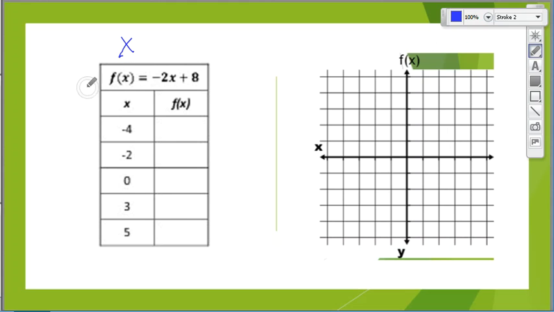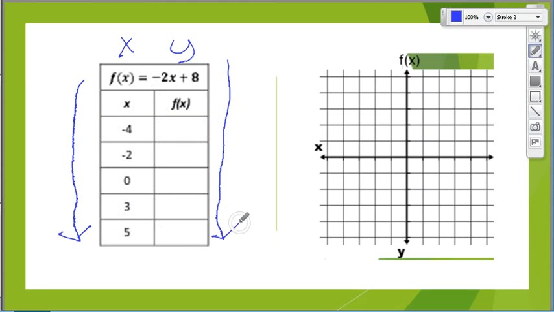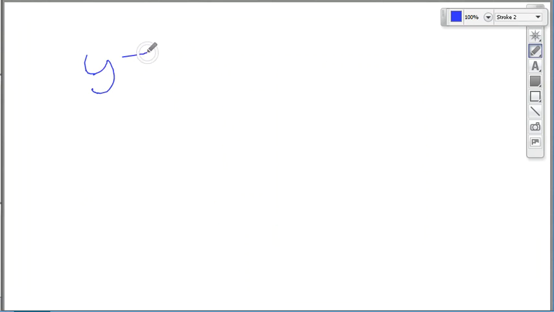This is all of our domain. And then this is going to be our range right here. And we are going to use this equation to help us find some points that are on the line.